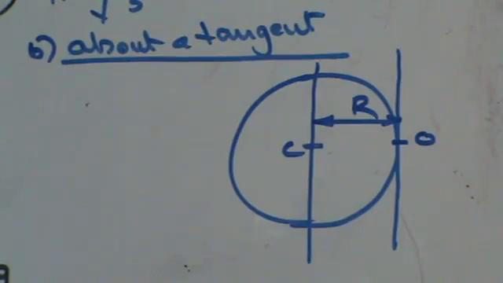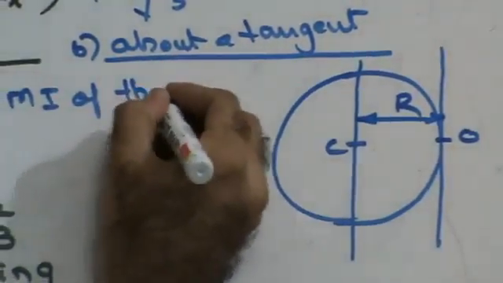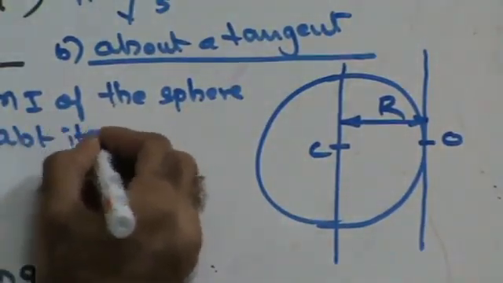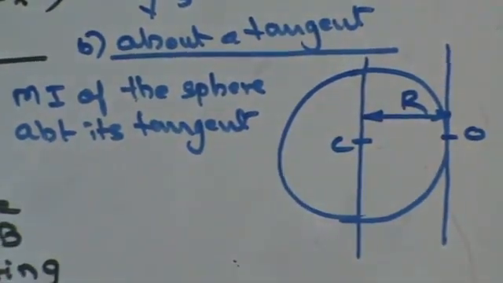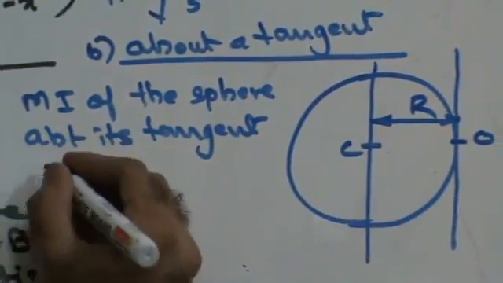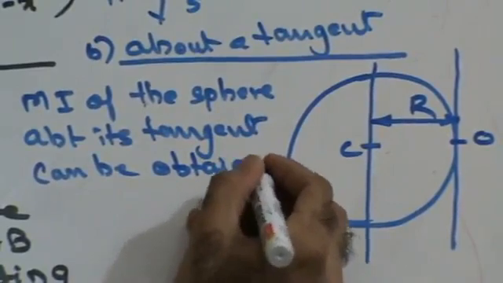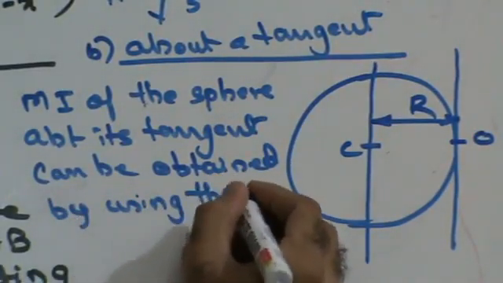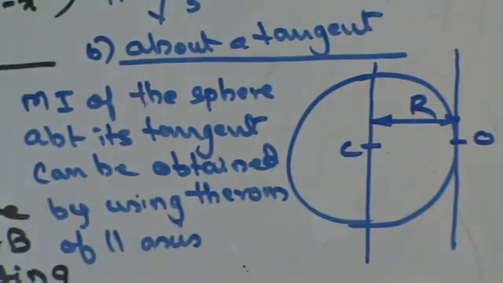So I can say that the moment of inertia of the sphere about its tangent can easily be obtained by using theorem of parallel axis, right?